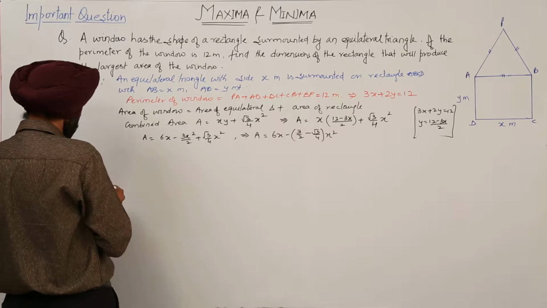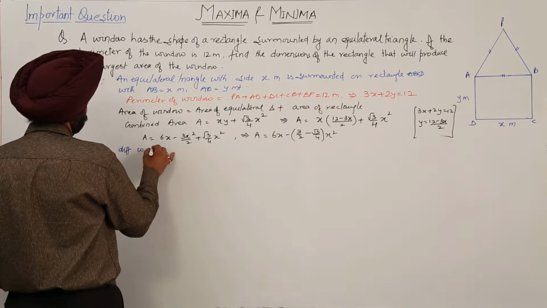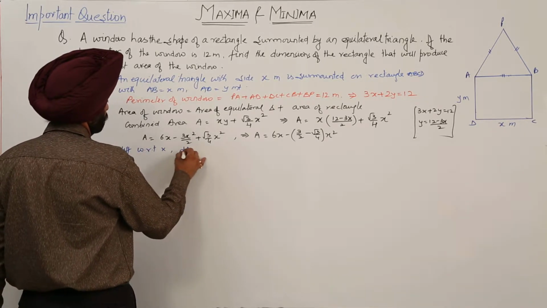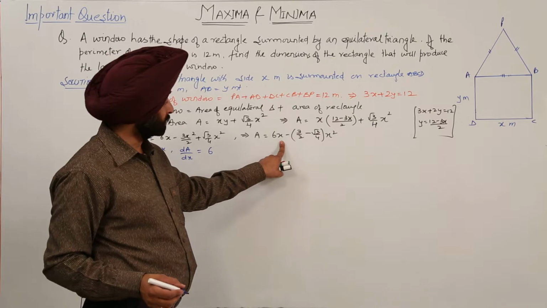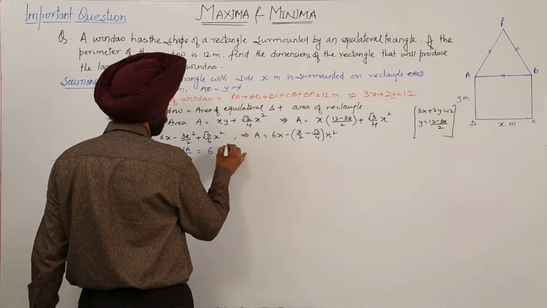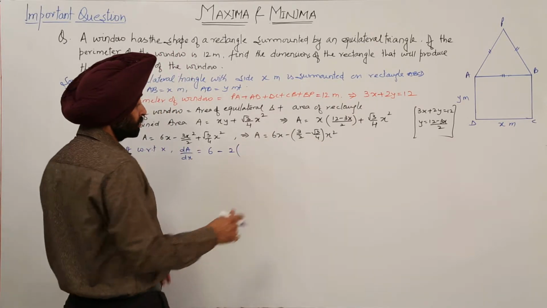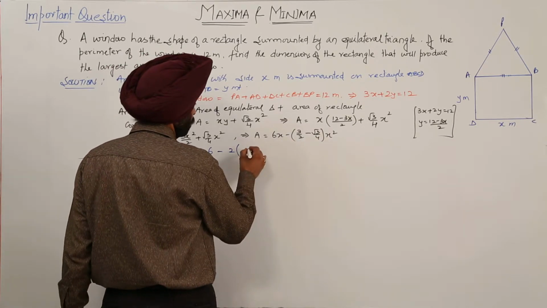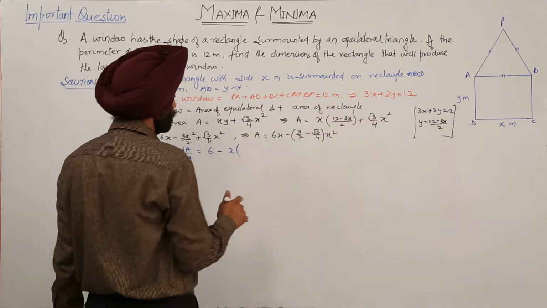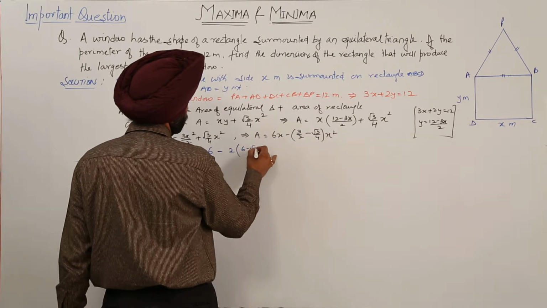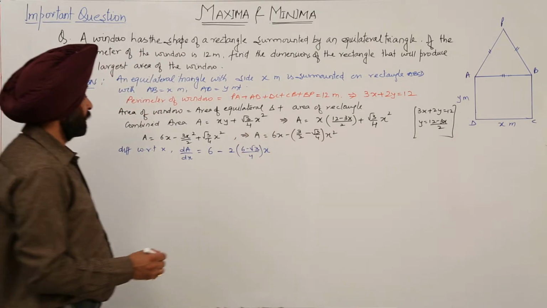Now differentiating with respect to x, dA by dx is equal to 6, since 6x becomes 6, minus, in the bracket, 2x with the 2 taken as LCM, 6 minus root 3 upon 4 with x.